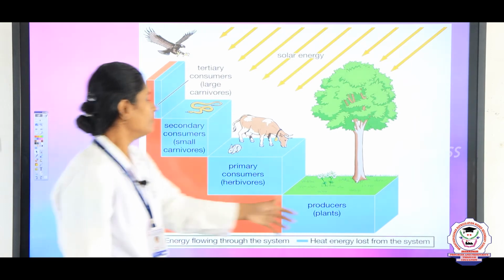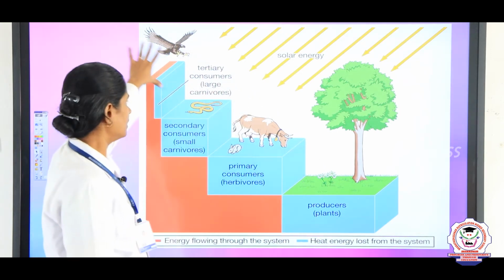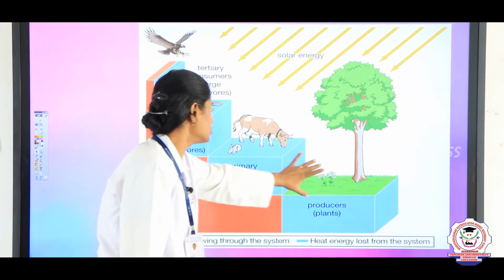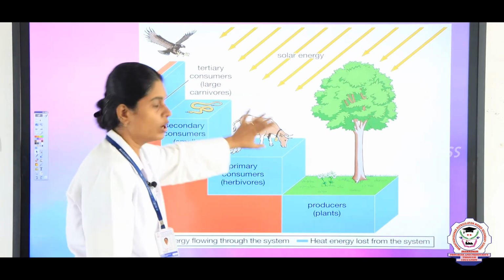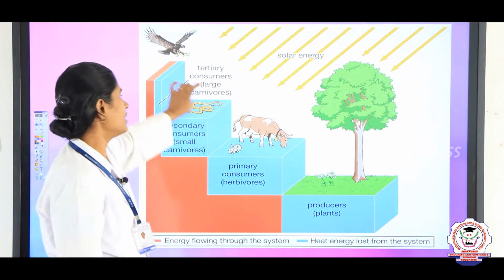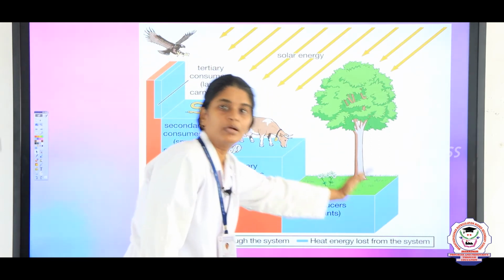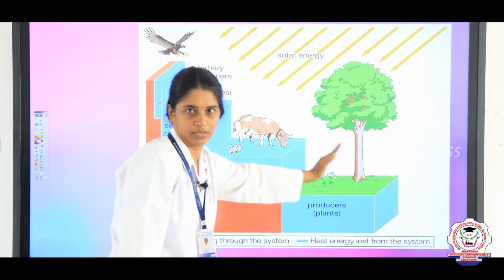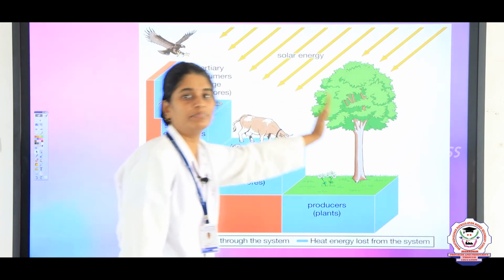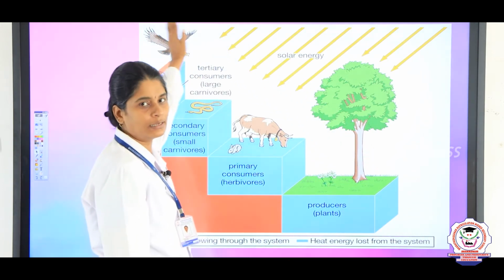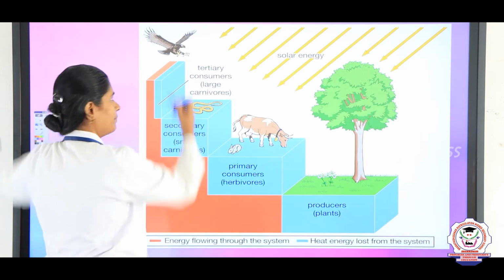Here also we can see the food pyramid. The plants are eaten by a rabbit or a cow, the rabbit is eaten by a snake, and the snake is eaten by an eagle. Here also the energy is flowing. The energy flows from the plants till the apex predator.